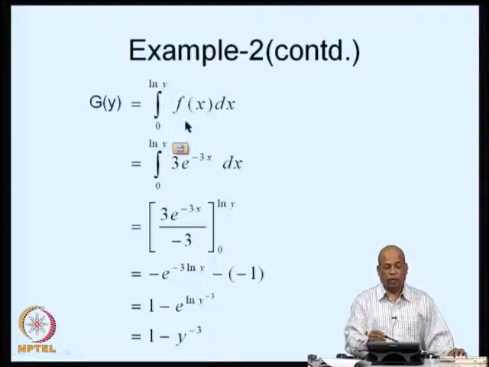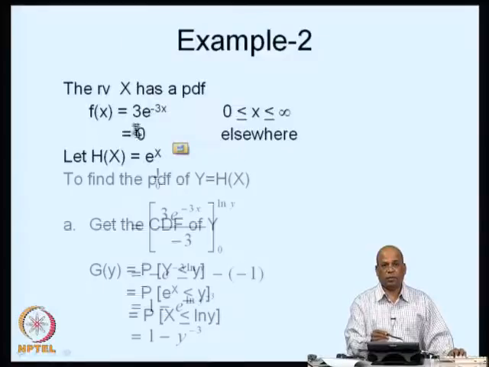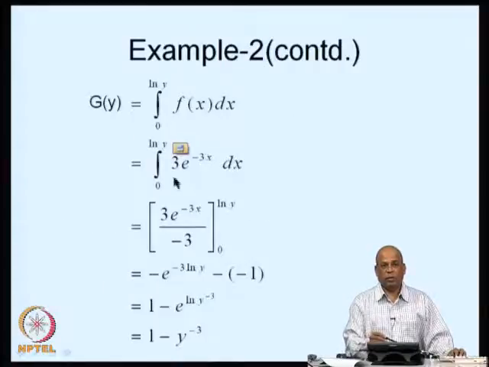So, g of y is probability of x being less than or equal to log y, and therefore you integrate between 0 and log y the marginal PDF of x to obtain the capital G of y. This is a straightforward integration and putting the limits, we obtain capital G of y is equal to 1 minus y to the power minus 3.